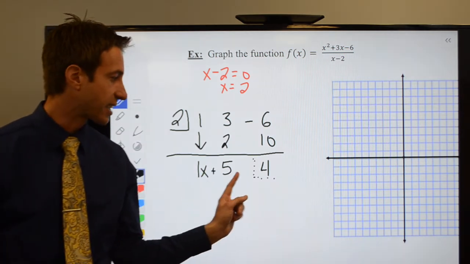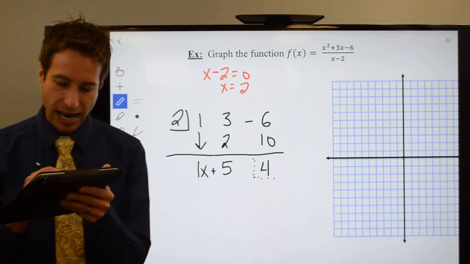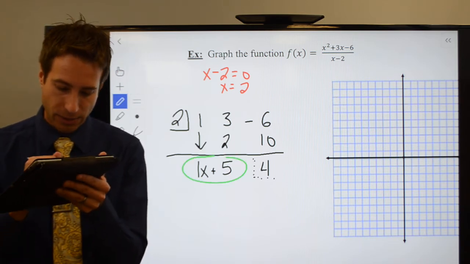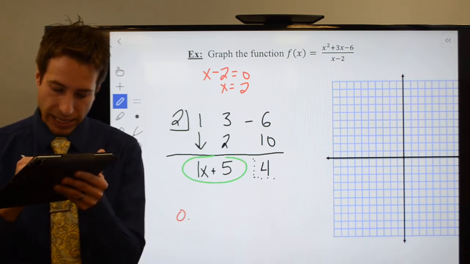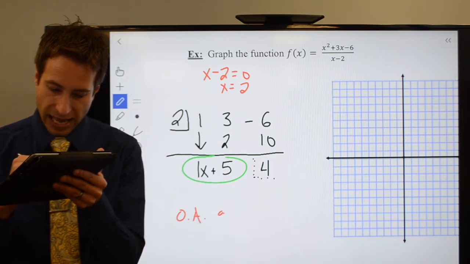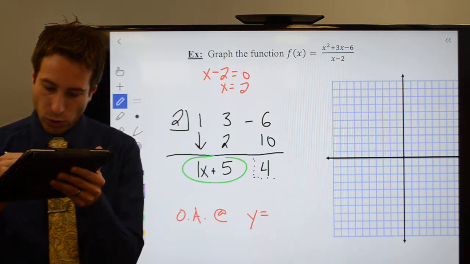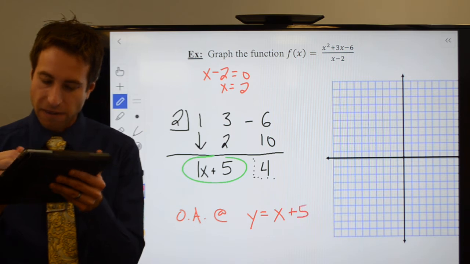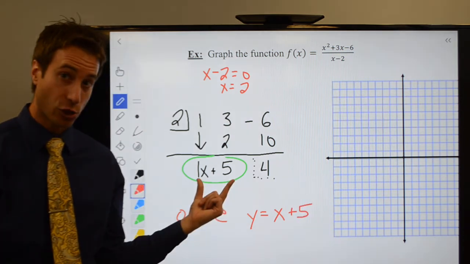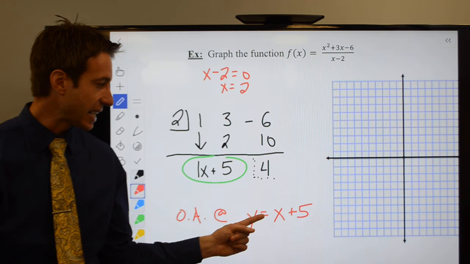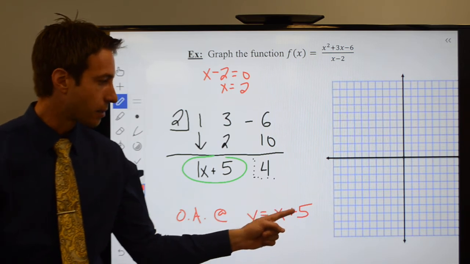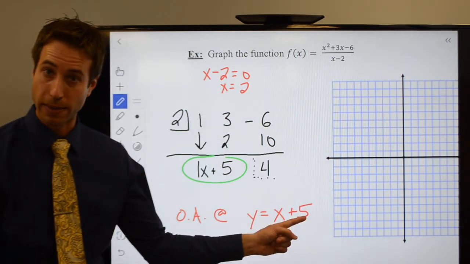X to the first, x to the 0. And so this guy right here is my slanted asymptote. I have an oblique asymptote at y equals x plus 5. This is in slope-intercept form. Y equals mx plus b.